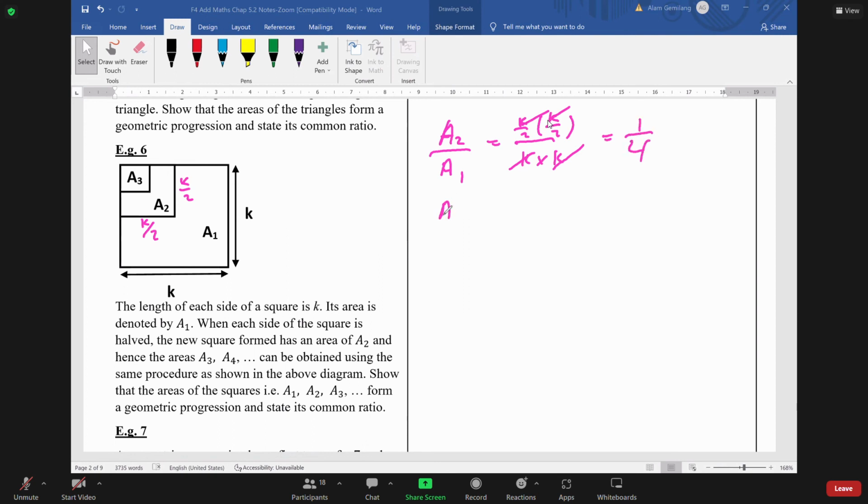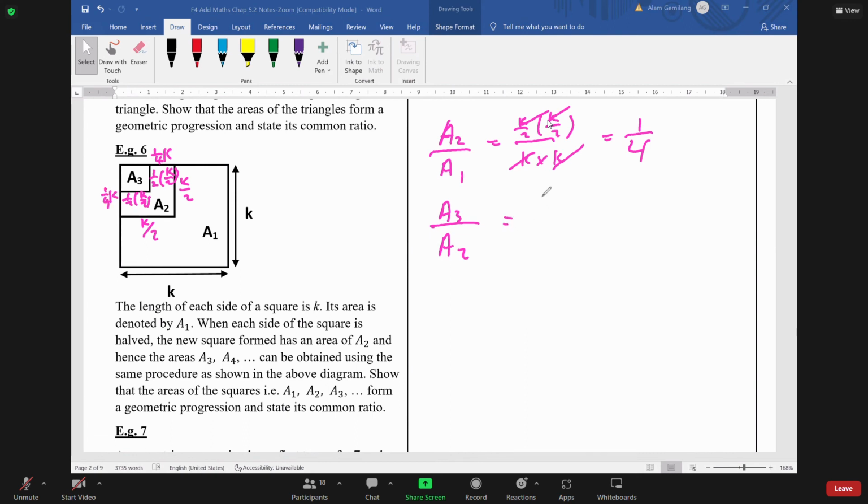Similarly, A3 divided by A2. A3 is half of A2, so K over 2, and this side also is half of K over 2, so that means it's 1/4 K. This is 1/4 K also.